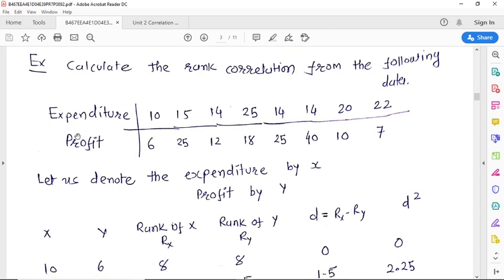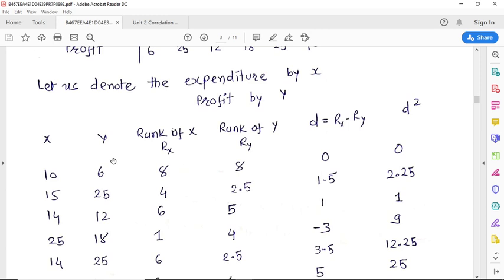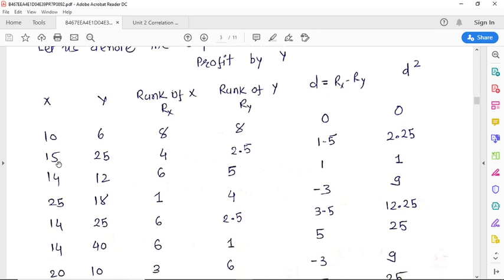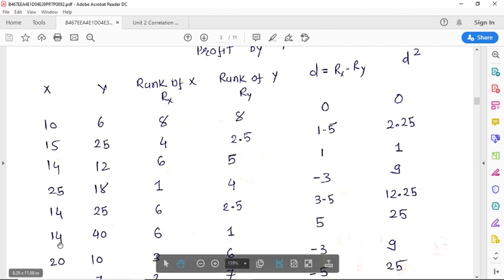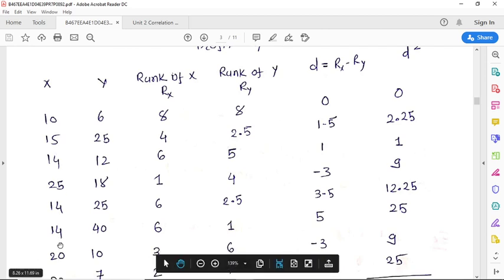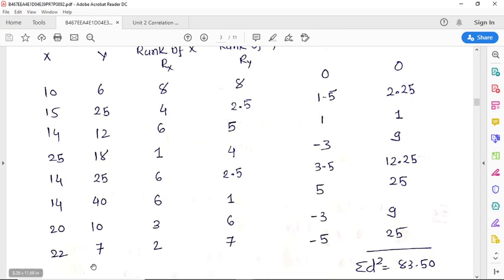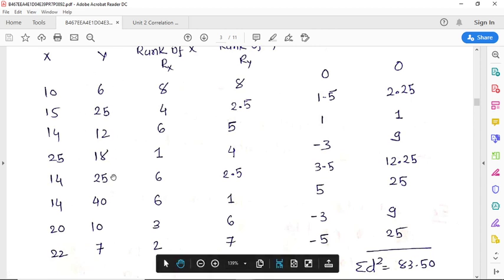Let us denote the expenditure by X and profit by Y. So for X we have 10, 15, 14 in this first column and the remaining values, and for Y we have 6, 25, 12, 18 and the remaining values. So these are the given data. X means expenditure and Y means profit.